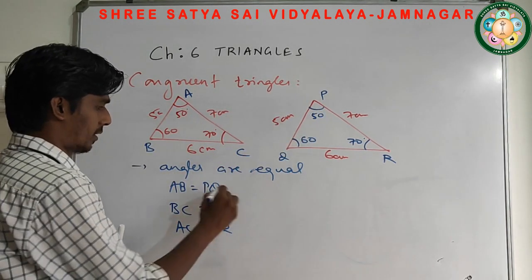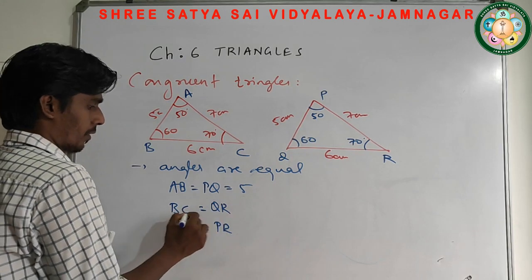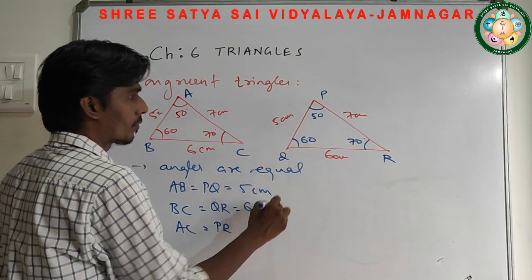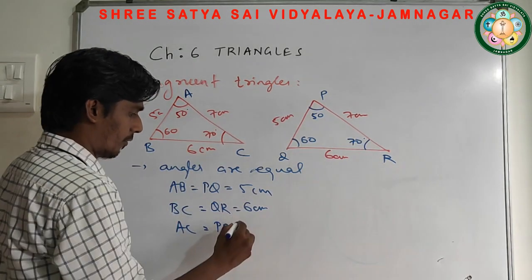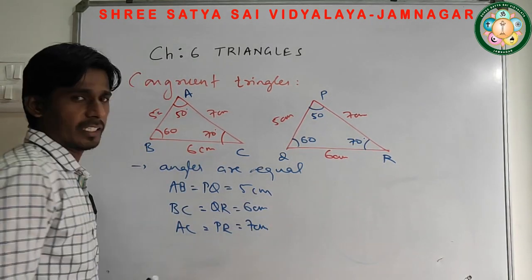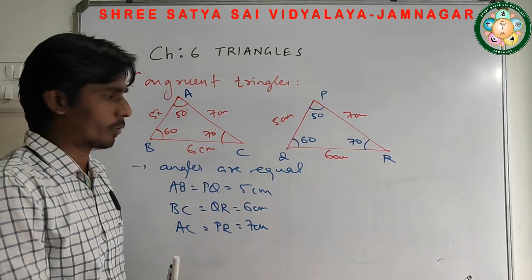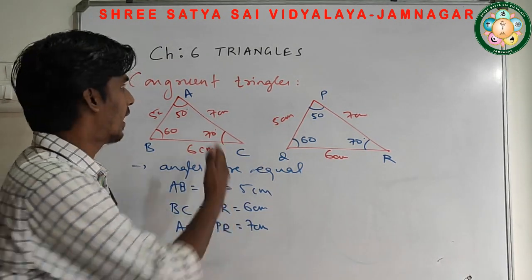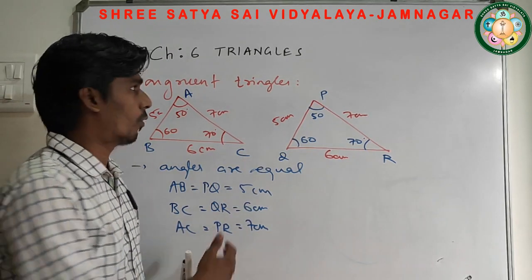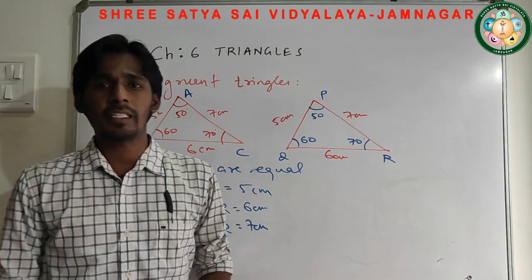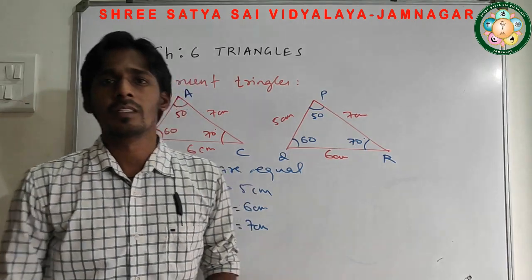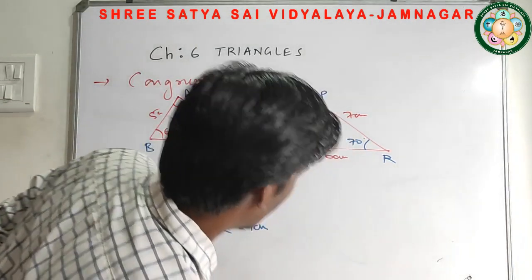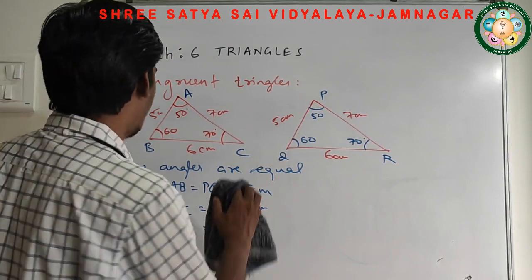AB and PQ are 5, BC and QR are 6 centimeter, and the last one, AC and PR, are 7 centimeter. So the pairs of sides are equal and the angles are equal. So for this type of triangle, I can say that this pair of triangles is congruent triangles. But in this chapter, we are going to study similar triangles. Now let's start with what are similar triangles and what are the necessary conditions for similar triangles.